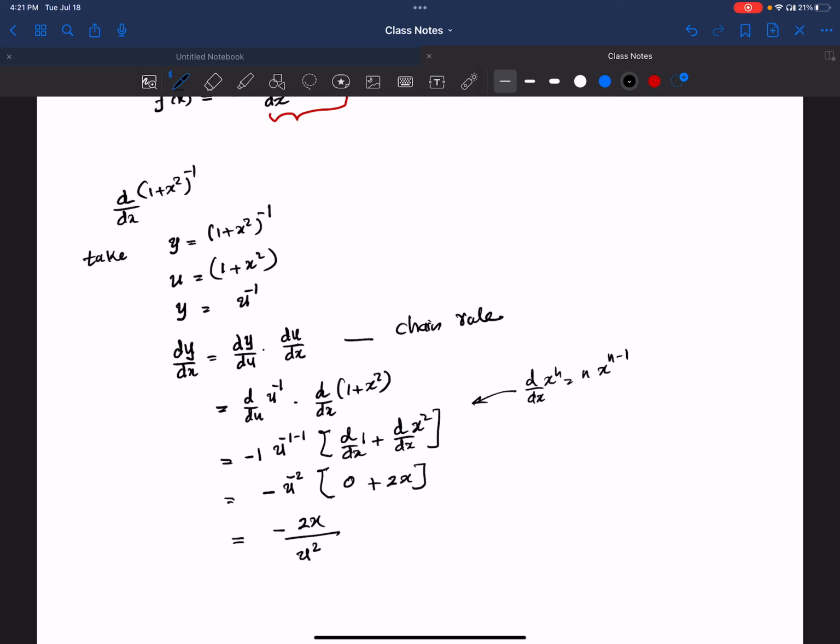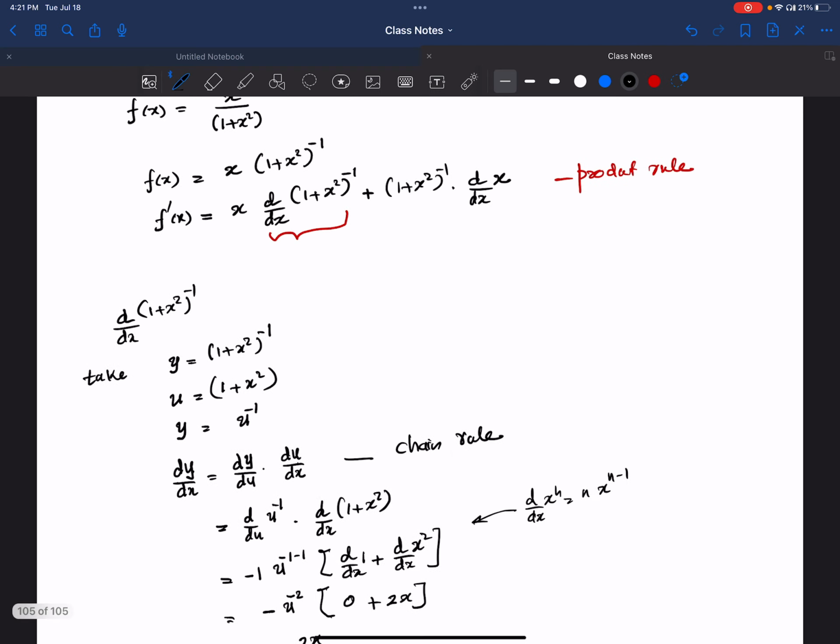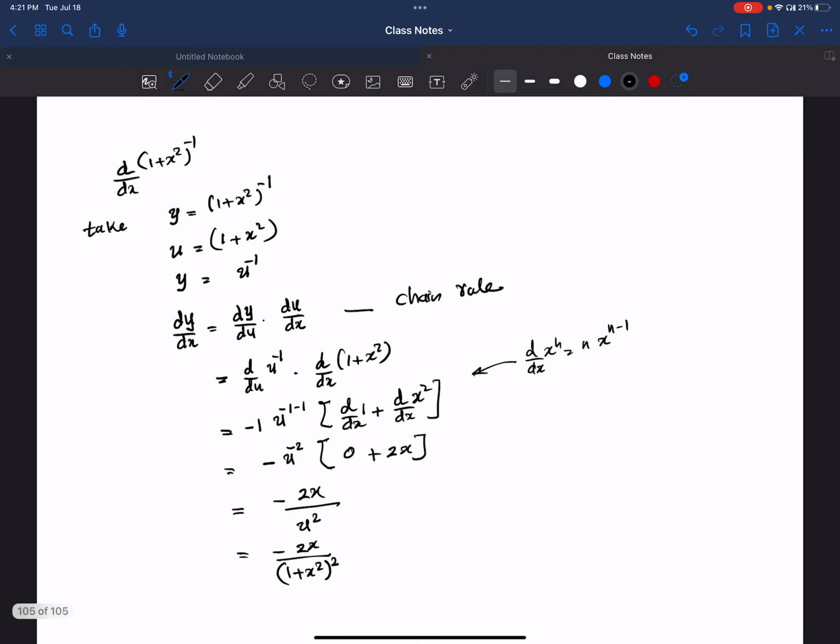So u is equal to 1 plus x squared, and now I can put that answer back in here because I found this one. This one is equal to negative 2x divided by 1 plus x squared.